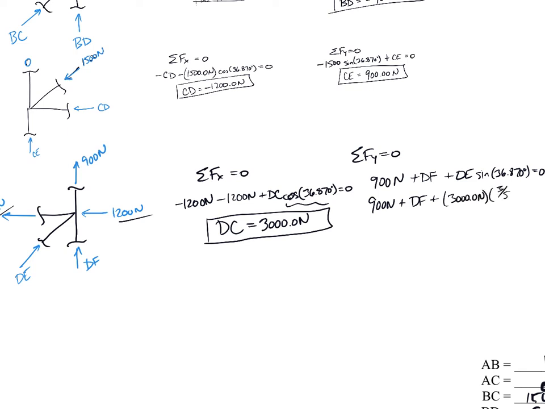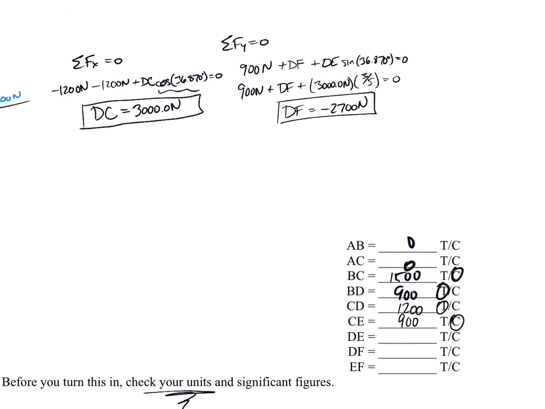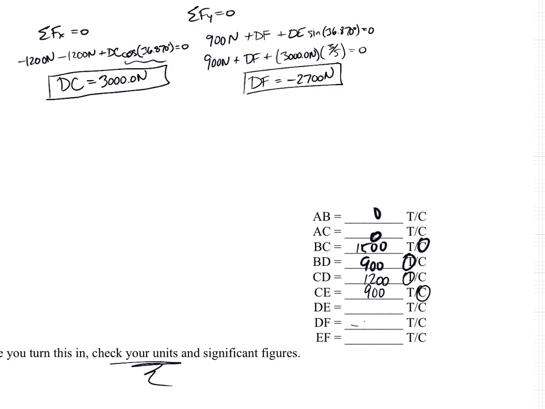I'm just going to write 3/5 here equals 0. So 1,800 and 900 is 2,700, so DF equals negative 2,700 newtons. Okay, so DF is in tension. Negative 2,700 in tension. And DC is 3,000, positive, so that'll be compression.